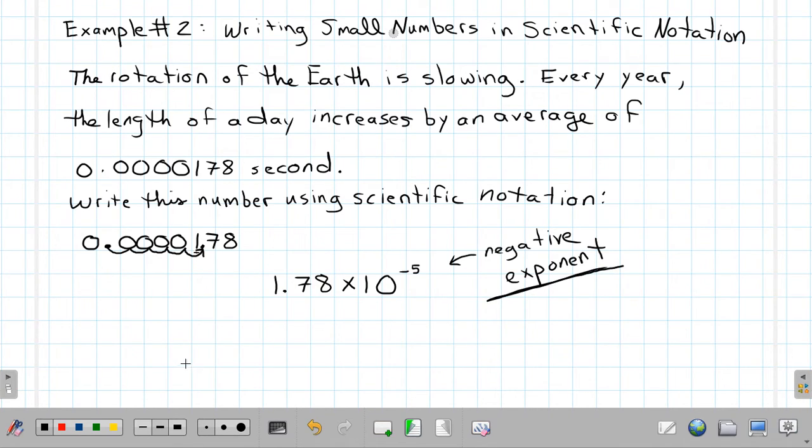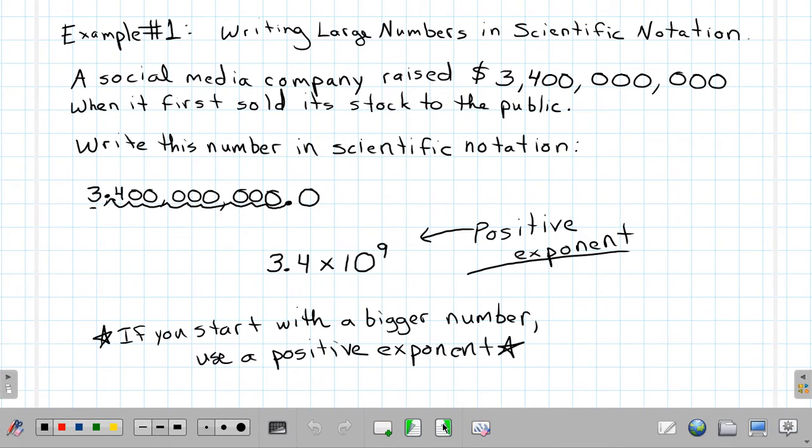And just like the last example, let me give you a little hint here. So let me get the wording right, just right here. If you start with a bigger number, use a positive exponent.